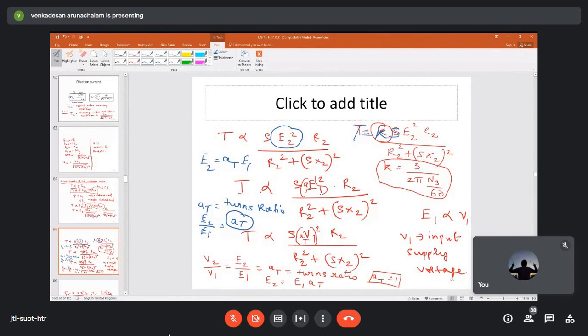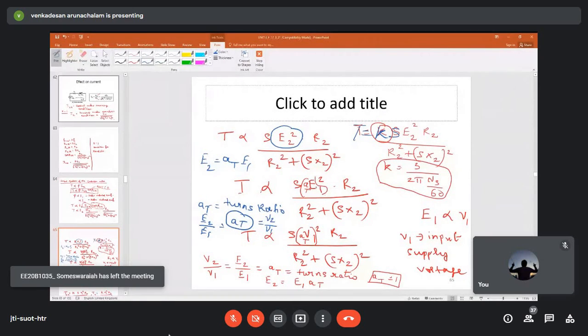And this is also equal to V2 by V1. Transformer we have written like this. Do you remember? So E2 by E1 is equal to AT, that is equal to V2 by V1.